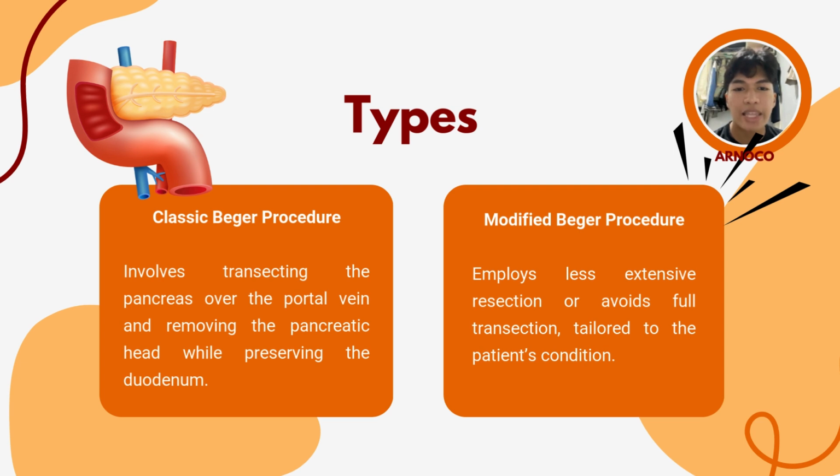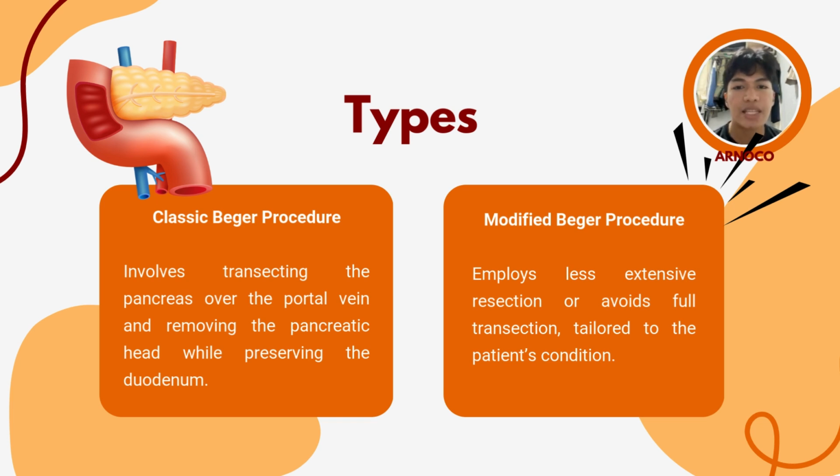On the other hand, the modified Beger procedure is a more conservative and tailored version of the classic technique. Instead of fully transecting the pancreas or removing the entire head, the surgeon performs a partial resection or coring out of only the diseased portions of the pancreatic head. This approach avoids complete transection over the portal vein, which reduces surgical risk, especially in patients with severe inflammation or complicated anatomy.